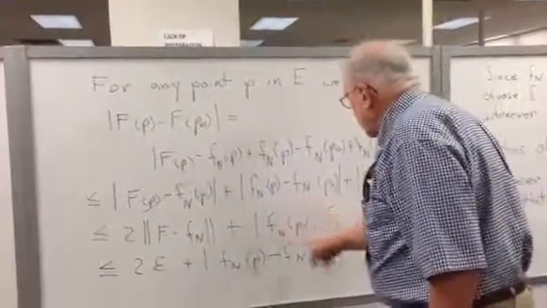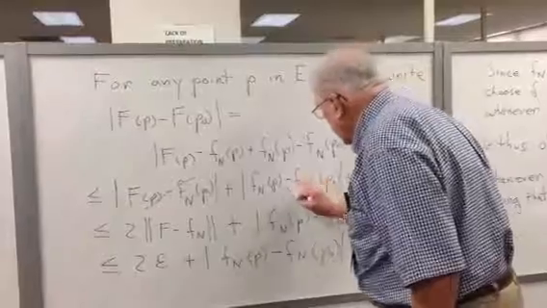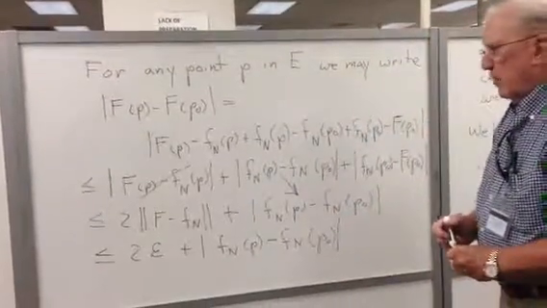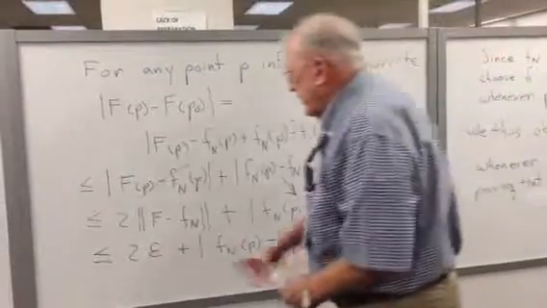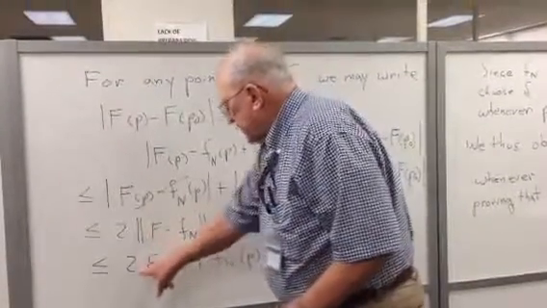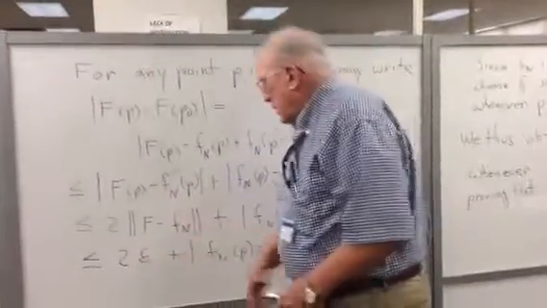And then we have this term here, which is simply bringing this term down here. Now, we've already stated that this is less than epsilon, so 2 times this is less than 2 epsilon.